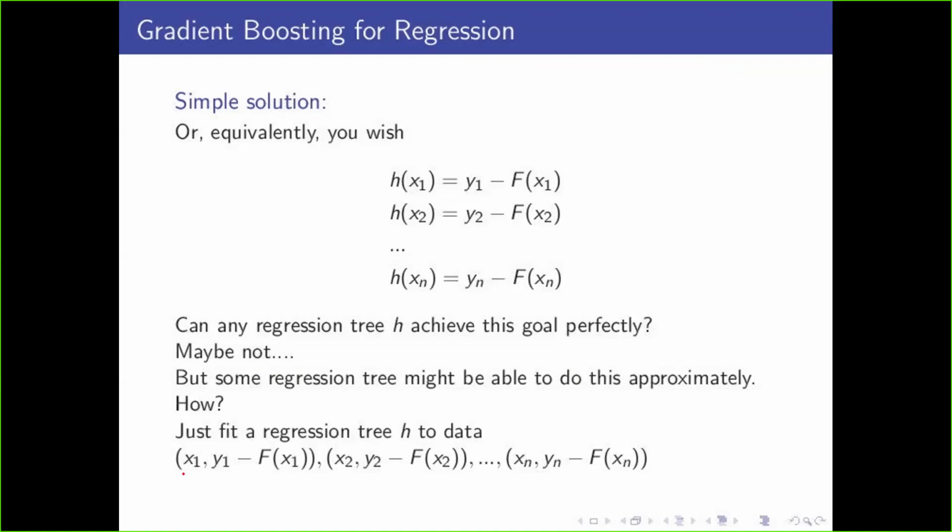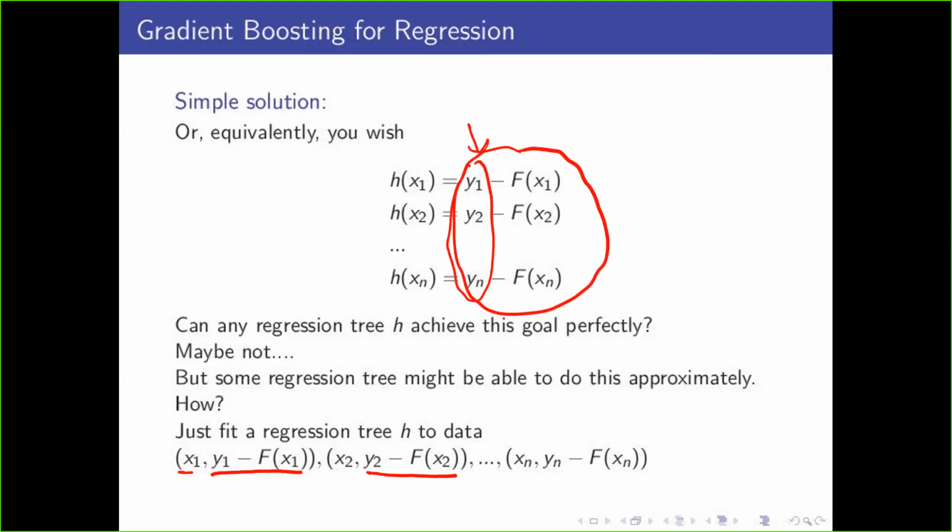Instead of fitting a regression model for y1, we are now fitting it for the residual part, y1 minus f of x1. Instead of fitting for y2, we fit for y2 minus f of x2. So please see that our target values have changed now. We are not fitting the regression model to the original target values, we are fitting it to the residual parts where the existing model couldn't do well. Is it clear so far?